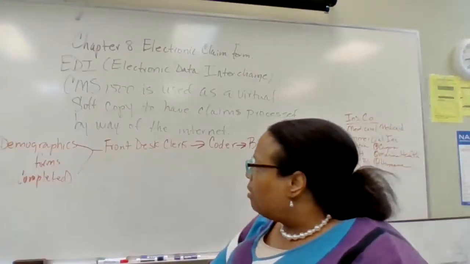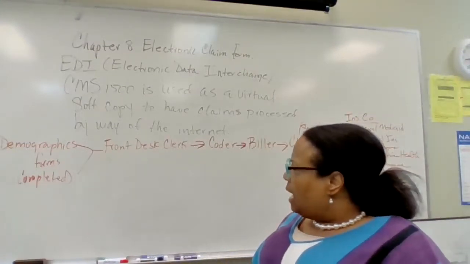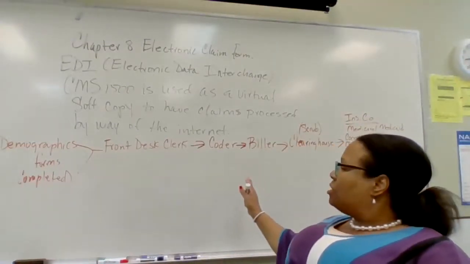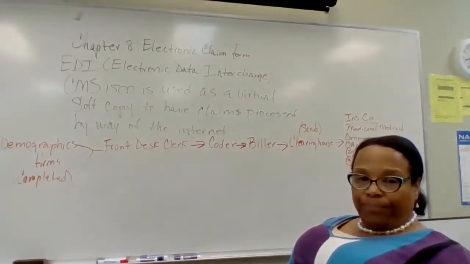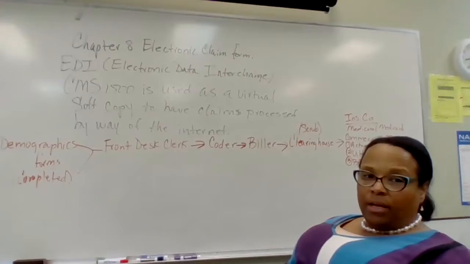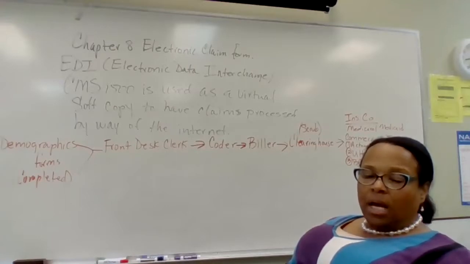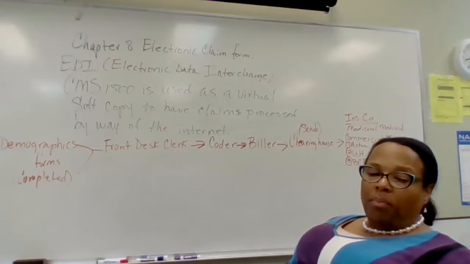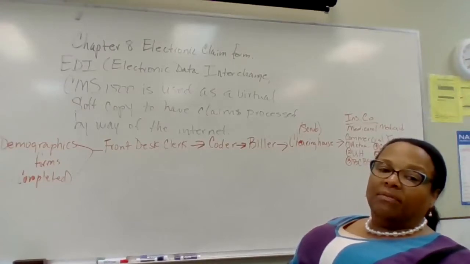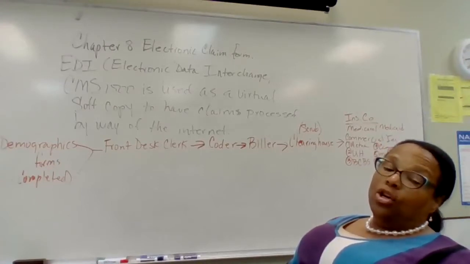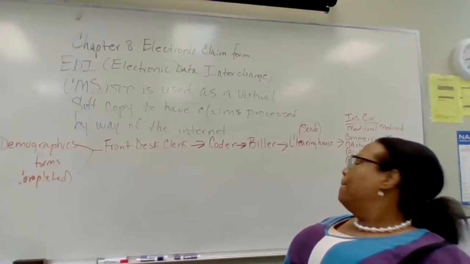So now let's break down the process of this, okay? This is a short version of what I call adjudication of the claim. If you understand the adjudication of the claim process, then you pretty much understand billing and coding, okay? And somewhere in between, in the midst of all of that, you're going to understand your job, okay?